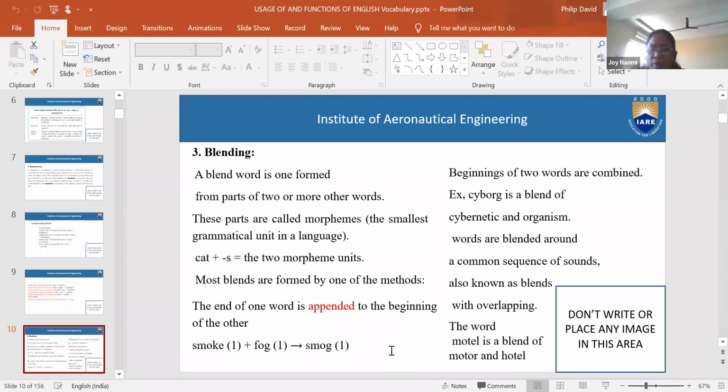For example, a motel is like a restaurant on the highway, while a hotel is a place where we have food in the city. Since we go by motor to eat in distant places, it is called a motel. So motor plus hotel gets motel. This is how new words are formed.